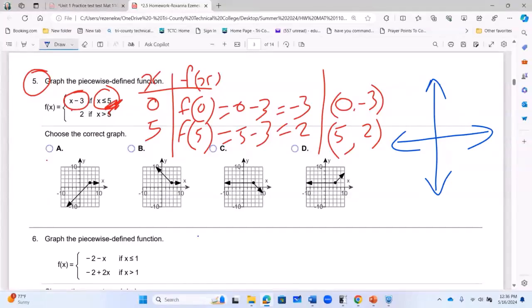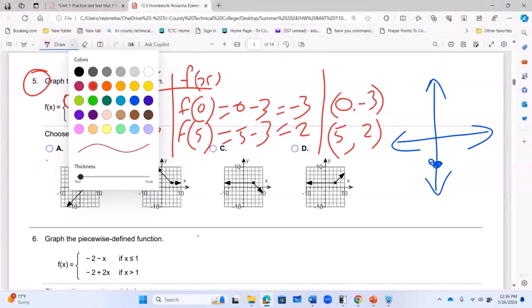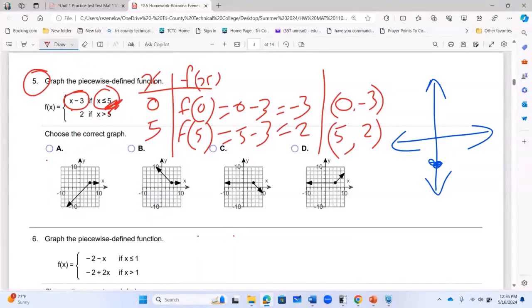Okay, the first point is 0, negative 3. So 0, negative 3 is supposed to be somewhere here. And the next point is 5, 2. And 5, 2 is somewhere here. And I know that this is a line with a positive slope.